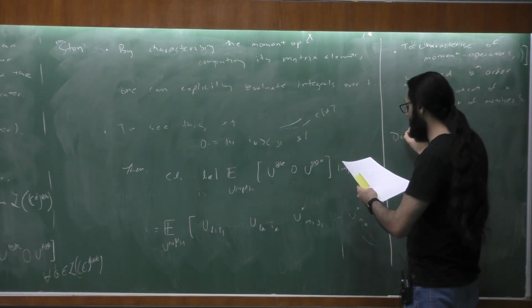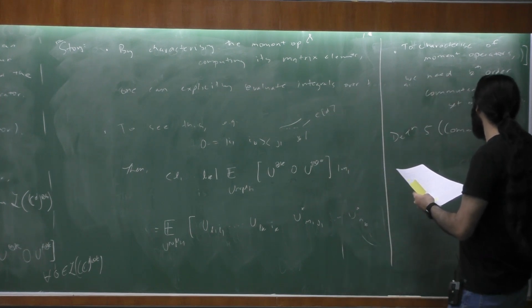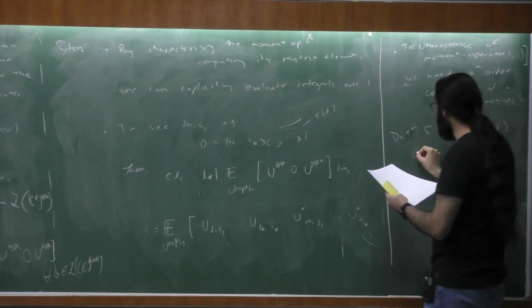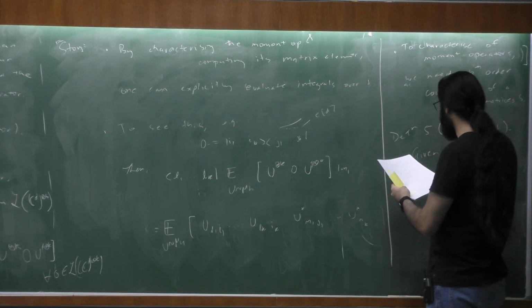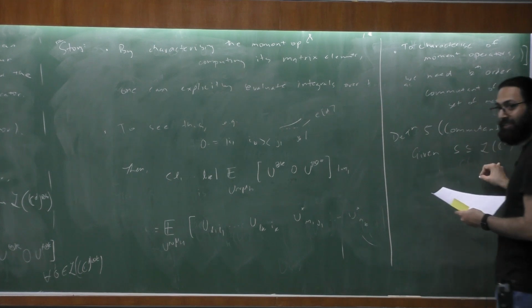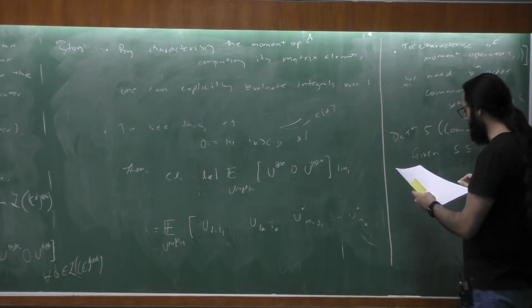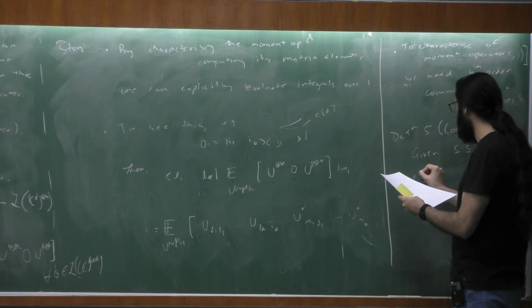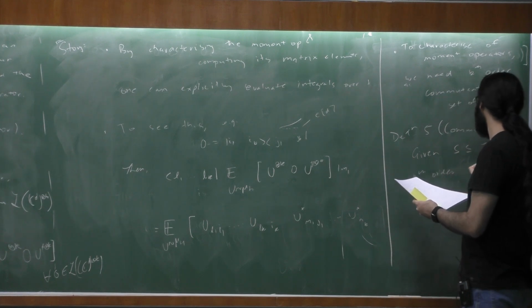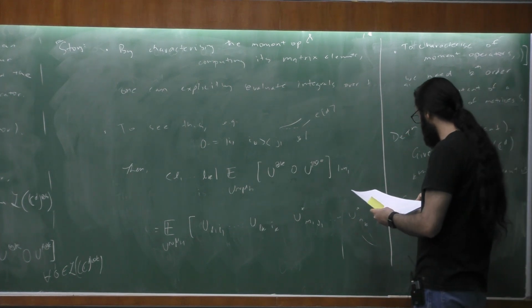So by this, what I mean is the following. Definition 5. A commutant is defined as follows: you're first given a set of operators S, a subset of L(C^D), and the kth order commutant of S is the following object.